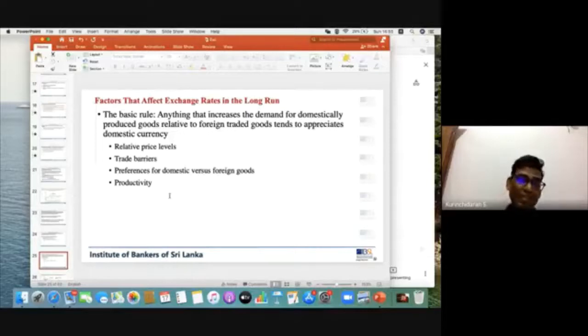When the domestic currency is demanded heavily, the domestic currency will appreciate. You can see it even in the normal demand curve.